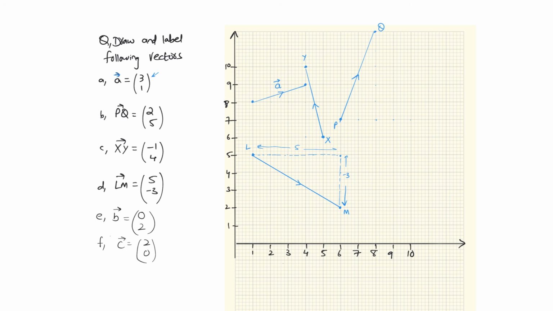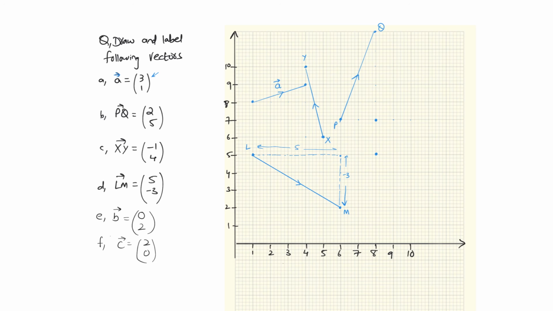The next vector is vector B, that is 0, 2. Now, let's say this is your starting point. We don't have a letter over here, so we are not going to mark any letter at the starting point. 0, 2 means 0 movement in the x direction and +2 movement in the y direction. So you're not going to move any value in the x, and for the y it's going to be 2.